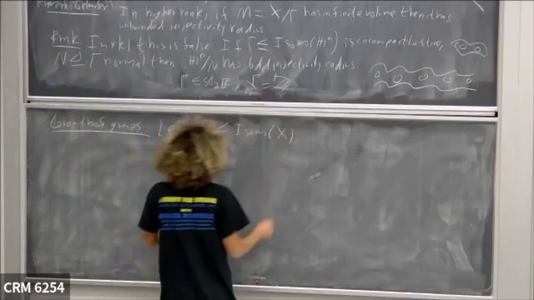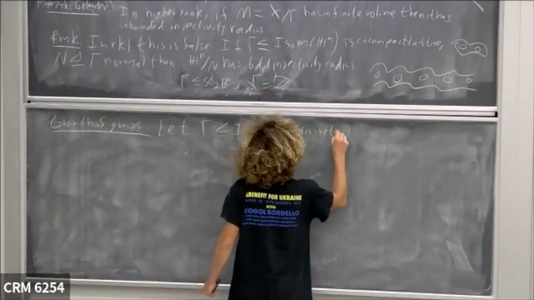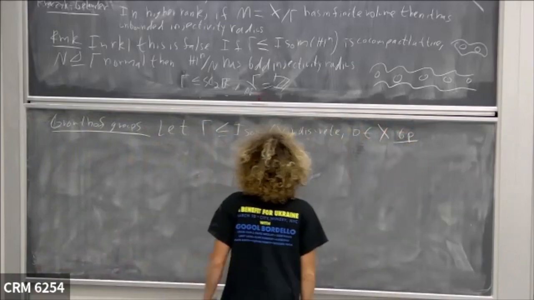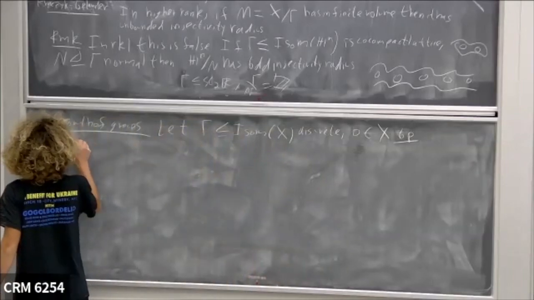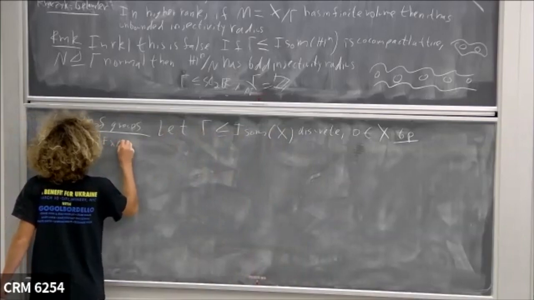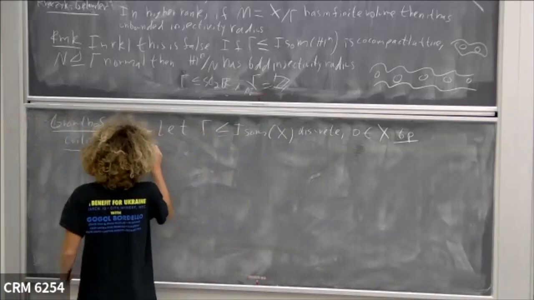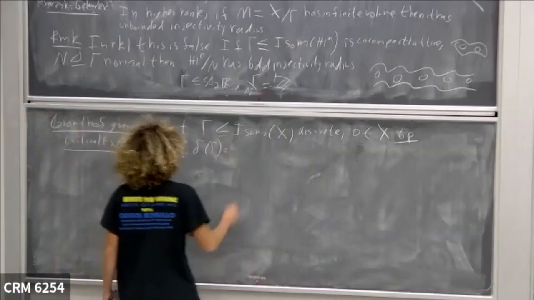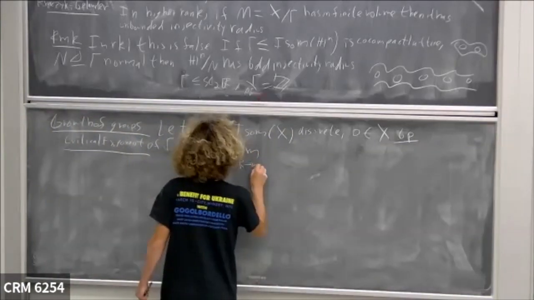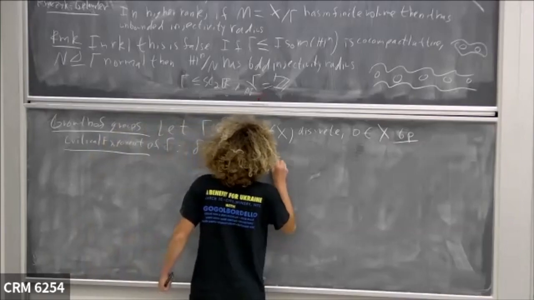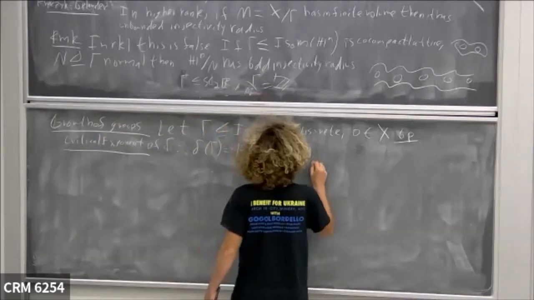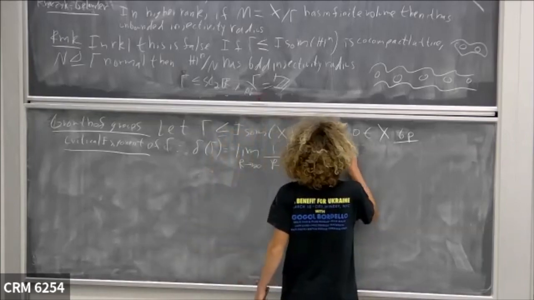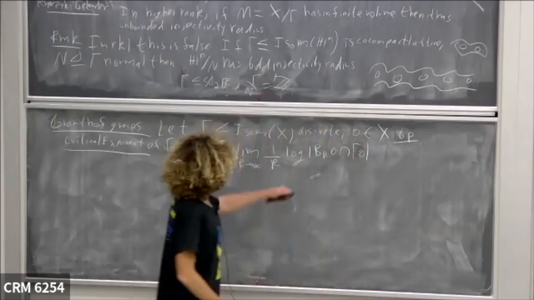Suppose you have a discrete subgroup of isometries, and we fix a base point O in X. The critical exponent, or exponential growth rate of gamma, is defined this way: delta gamma is the limit as r goes to infinity of 1 over r times log of the size of the intersection of the ball of radius r around this base point with the orbit of this base point.